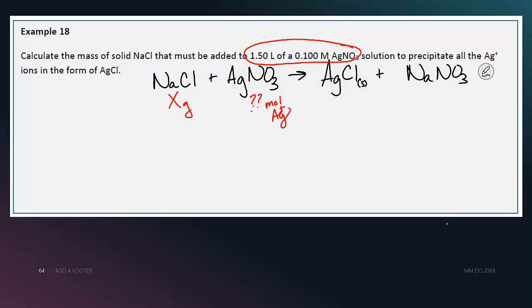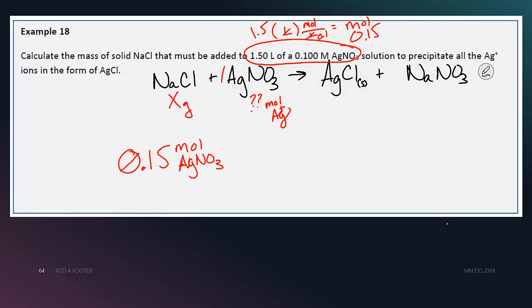Now, when you have molarity, which is the number of moles for each liter, if you take molarity and multiply by volume, that'll tell you how many moles of silver nitrate you have. So, 1.5 times 0.1 would tell me that I end up with 0.15 moles of silver nitrate.